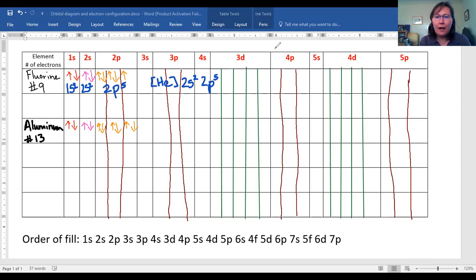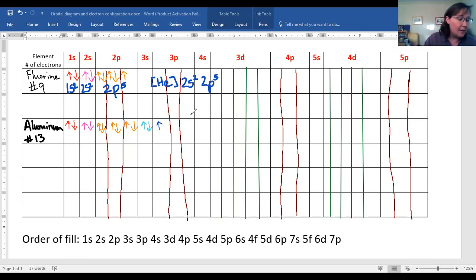Now I'm going farther. I have to go all the way to 13. So this becomes 11, 12, 13. Okay, and you can see here too that aluminum is the first element in the P block for that level.